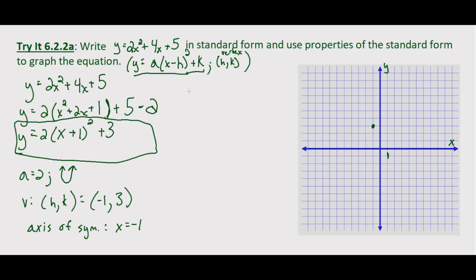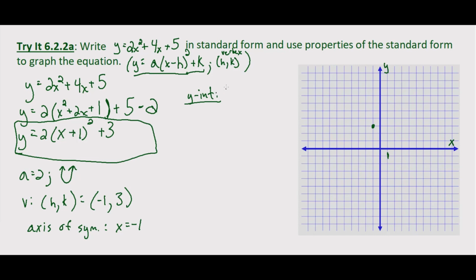So we're going to go ahead and find the y-intercept as an additional point. Remember, the y-intercept is when x equals 0. We can substitute that into the original form or into the vertex form. Either way, in the original form, it's 2 times 0 squared, which is 0, plus 4 times 0, which is 0, plus 5.